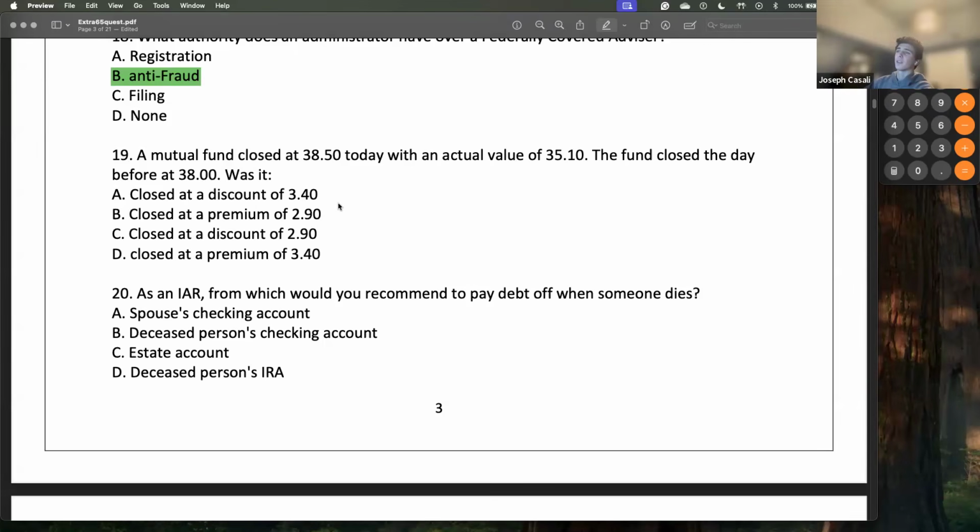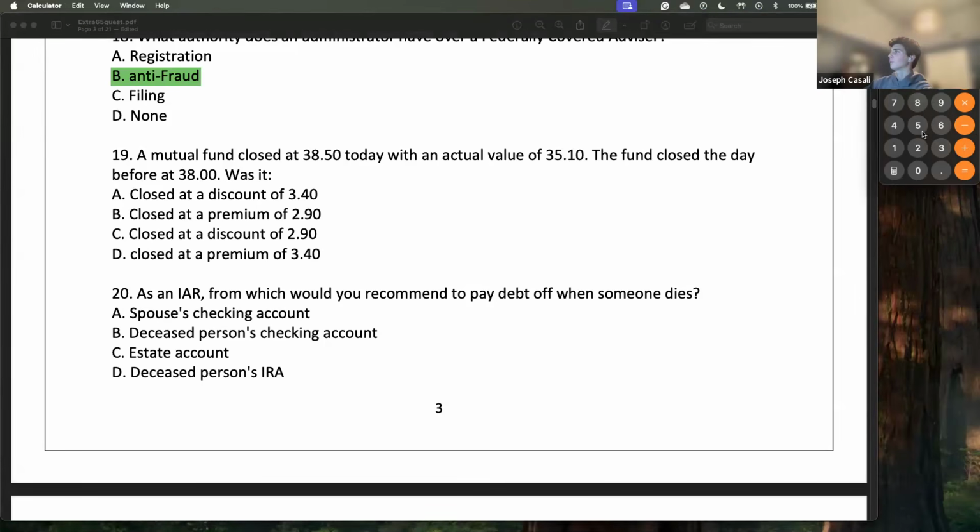Okay, well, it's more than 35.10, so it's got to be a premium. Right on. It closed at 38.50. So then you just do 38 minus 35. Right on.